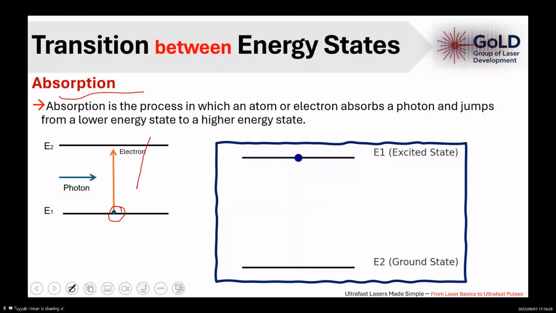For your reference, it is written here: it absorbs the energy and jumps from the lower energy level to the higher energy level. Here, this is wrong actually. This has to be 1, and this is 2.